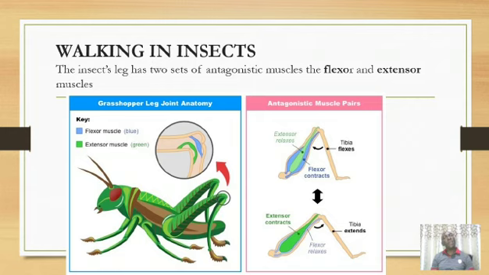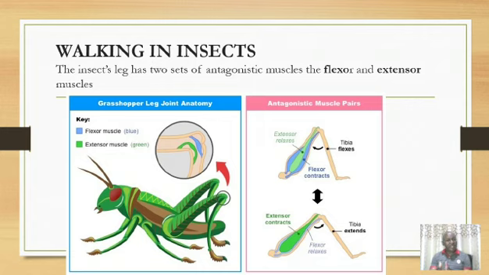So when you hear the word antagonistic, it means when one is doing something, the other is doing the opposite. Now when we look at these visuals, we can see that insect there. Look at the hind limb of that insect. At a particular point where we see that red arrow, there is a set of muscles appearing green. Those muscles appearing green on our image are what we are calling the extensor, and the ones in blue are what we are calling the flexor muscles.